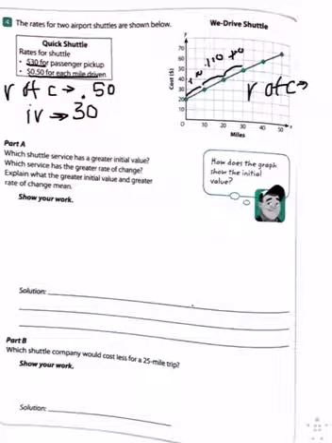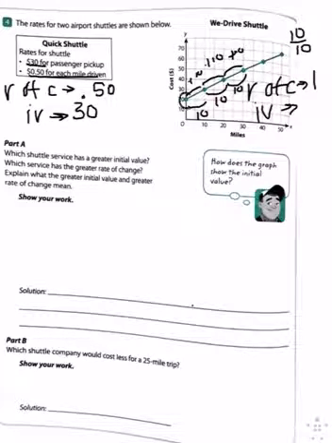But then we are also counting by tens on this side. 0 to 10 is 10, 10 to 20 is 10, 20 to 30 is 10, and so on. So our rate of change is 10 over 10, which simplifies down to 1. Our initial value is what we start at. We are starting at 0, which is actually at 20.